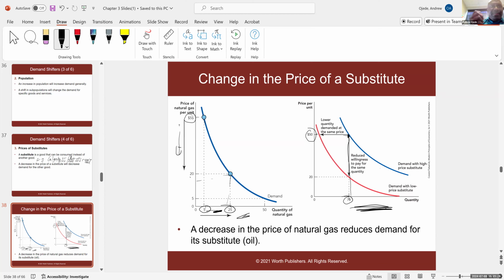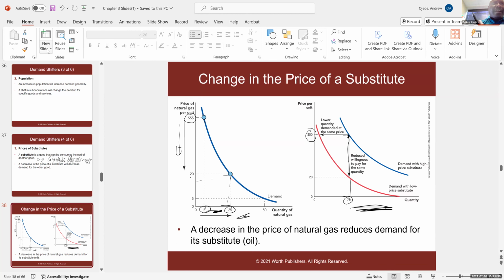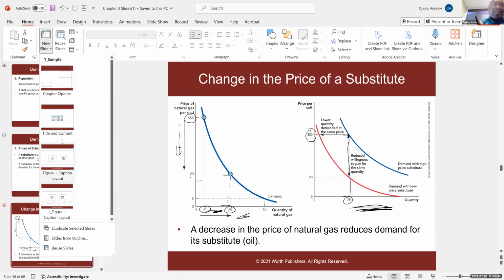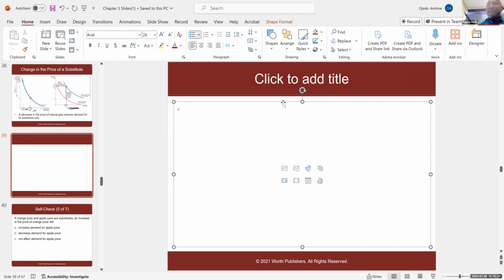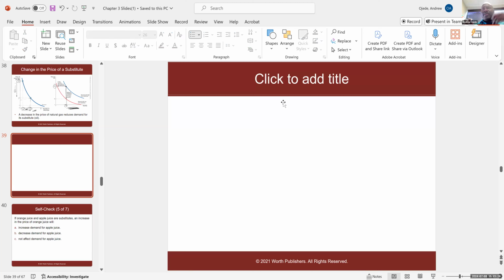Okay. But let me do another example which I'd like to incorporate here to solidify your understanding of how a change in the price of a substitute affects the demand for the second good. So we talked about driving to Texas State. Let's say driving to school every morning versus taking a bus.